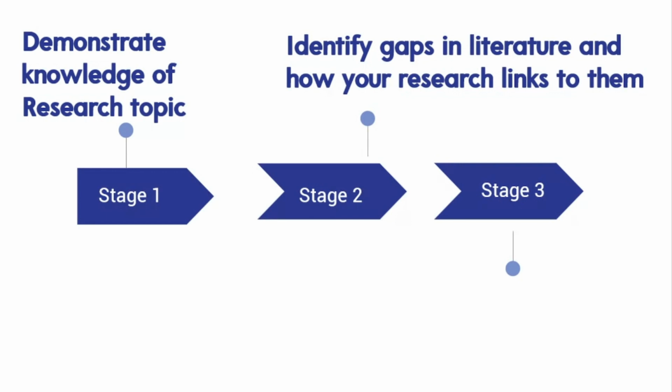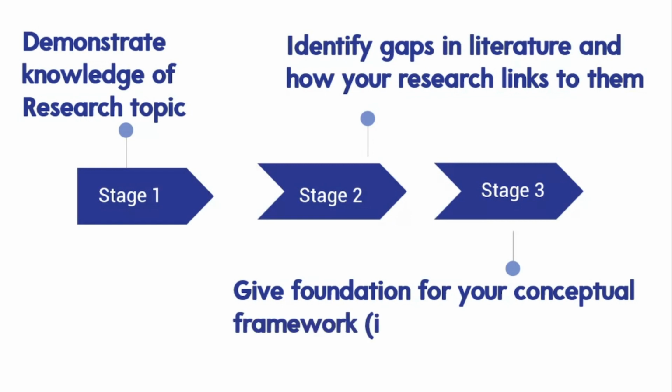And so through your literature review, you are able to identify the gaps that exist in those literature and how your research study links those gaps together. Now, the third and final stage of your literature review is to give a foundation for your conceptual framework. And this part is optional. Certain studies may require you to have a conceptual framework, others may not.